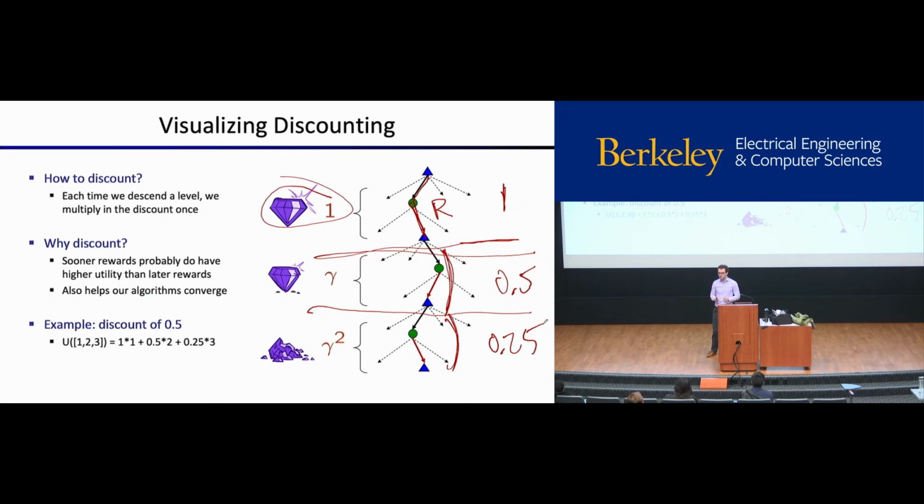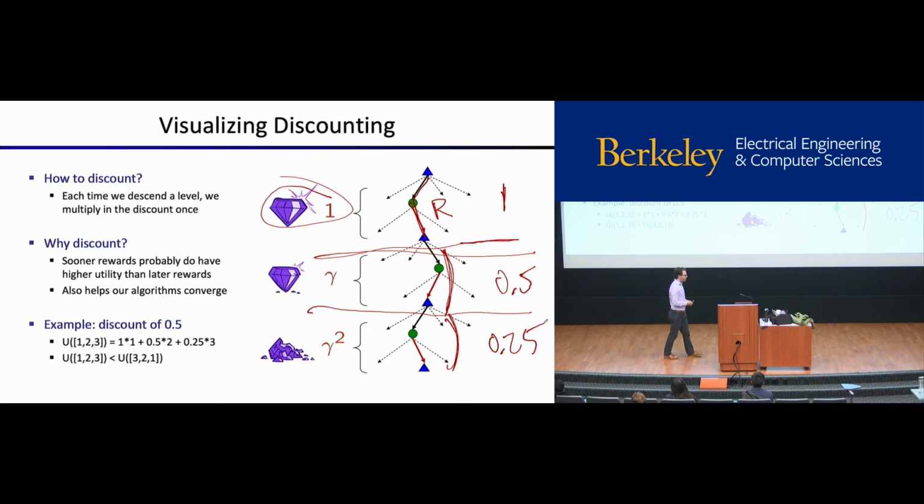This is going to solve one of the problems we had last time. If I see a sequence 1, 2, 3, I can do discounting on each of these things, and I get 1 times 1 plus 0.5 times 2 plus 0.25 times 3. This is 1, gamma, gamma squared. If I compare that to 3, 2, 1, I will do 1 times 3, 0.5 times 2, and 0.25 times 1, and that'll be a bigger number.